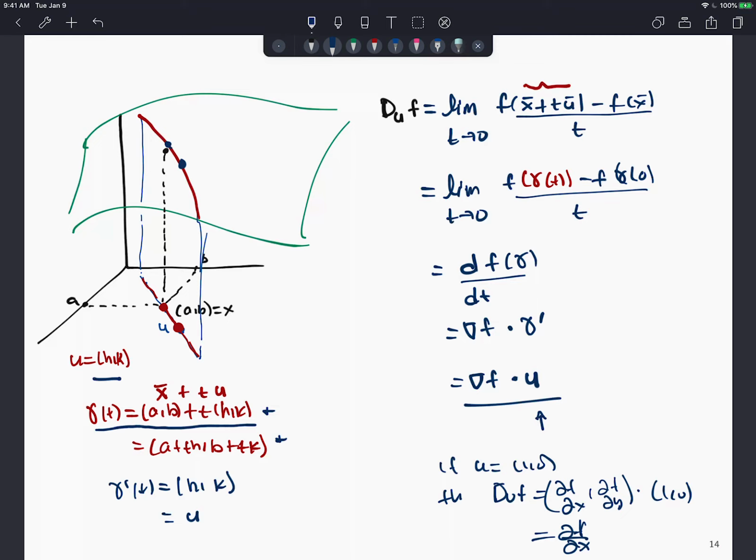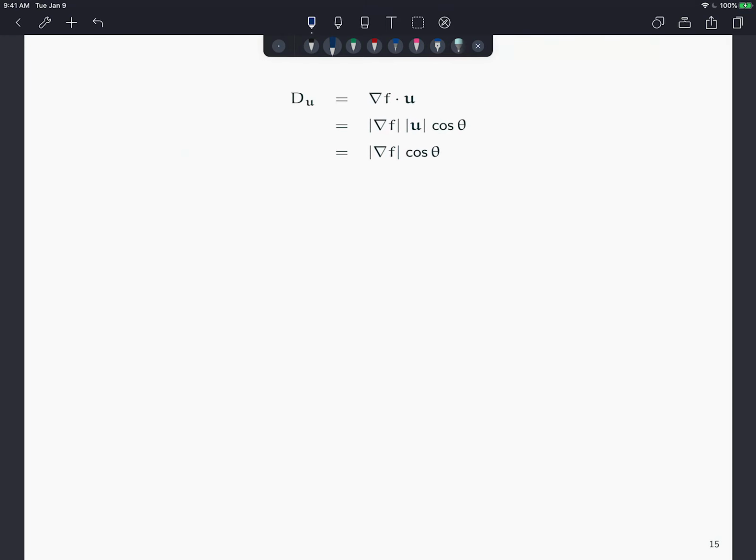Okay, one last thing I want to touch on. There's our df right there. So we got this expression for the directional derivative: it's the gradient of f dot the unit vector u. Remember that the dot product becomes the magnitude of one vector, times the magnitude of the other, times the cosine of the angle between the two vectors.